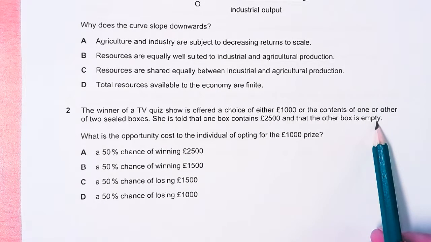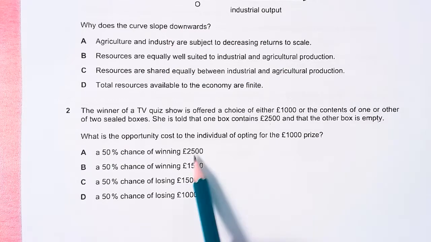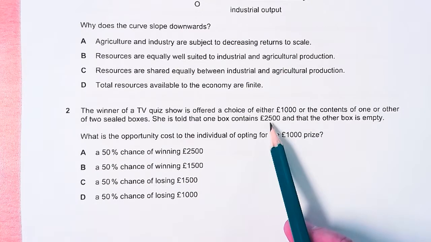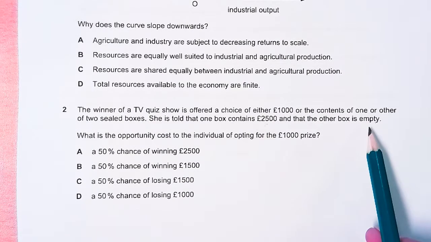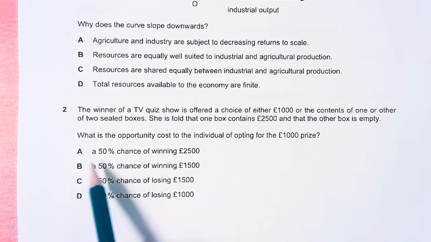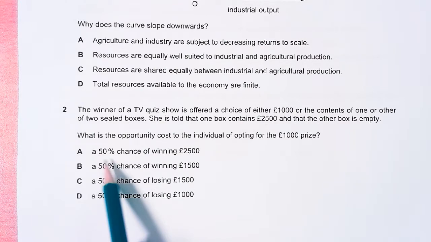Okay, so therefore, if they opt for this £1,000 prize, the opportunity cost has to be either a 50% chance of winning 2,500 or a 50% chance of winning nothing. Okay, so let's see what we've got, and we can see that 50% chance of winning 2,500. Yeah, absolutely, that's the next best alternative.